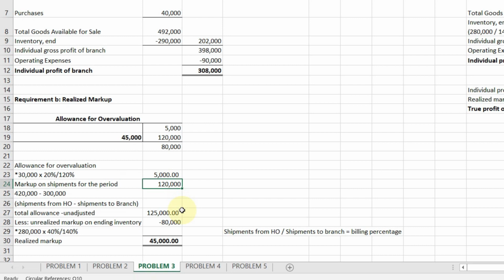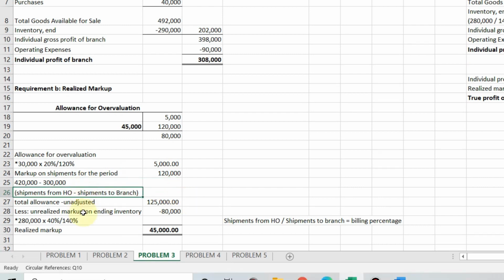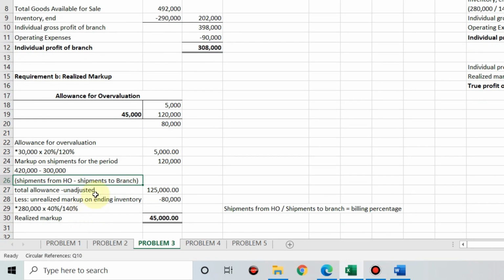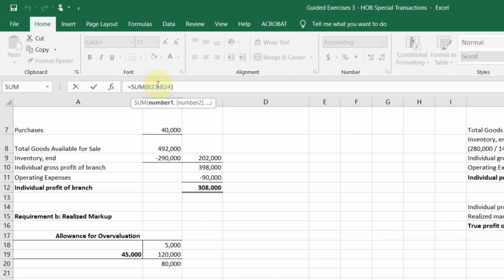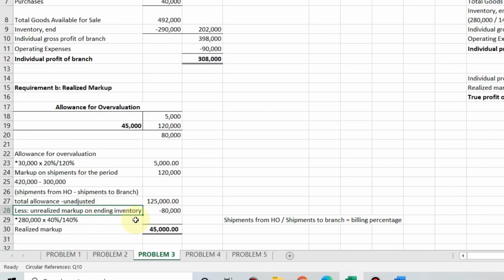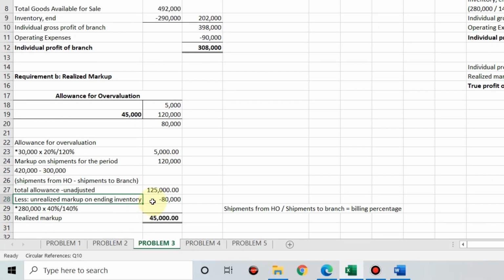Okay, so ito yon, shipments from HO minus shipments to branch. Then total allowance unadjusted, add mo lang yung dalawa. Okay, before you deduct the unrealized markup on ending inventory na 80,000. Ma'am, paano nakuha 80? You have to remember that 120,000 na markup is not 120% above cost.